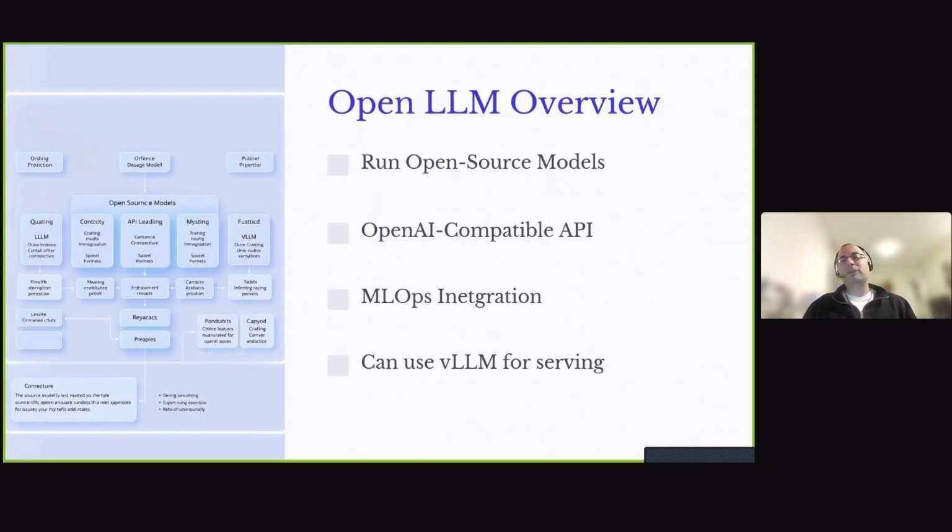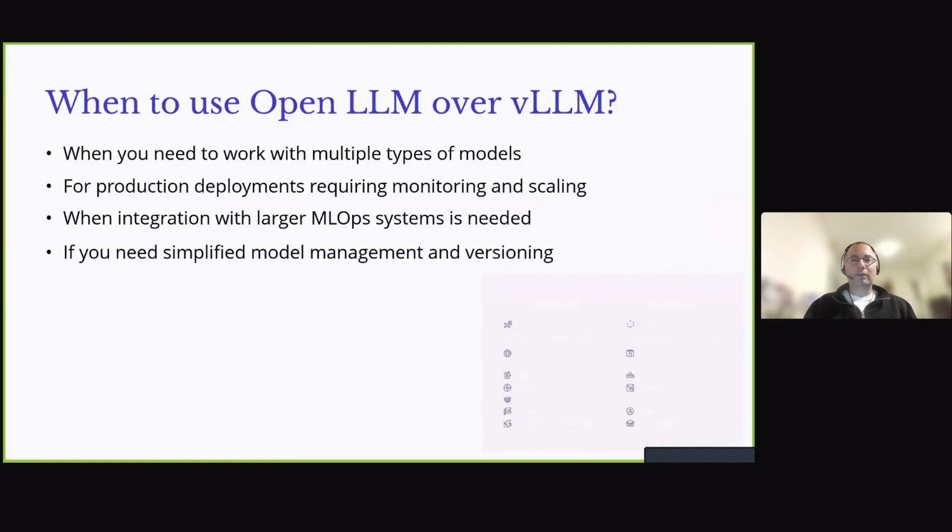It can integrate with some MLOps tools, which is useful if you're running or building your own models. Of course, it doesn't have to be LLM; it can be any model. And under the hood, it can use vLLM that we just saw to do the actual serving of the query. So this is kind of the next step if you want to run things yourself. Here's a little comparison.